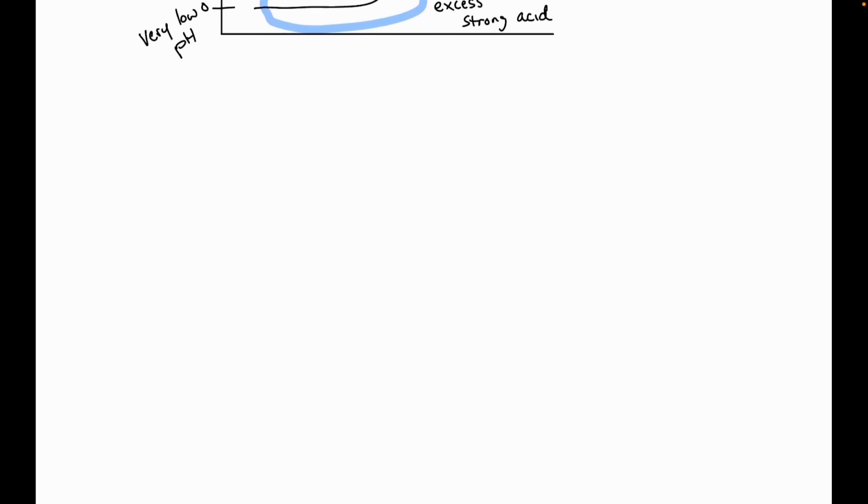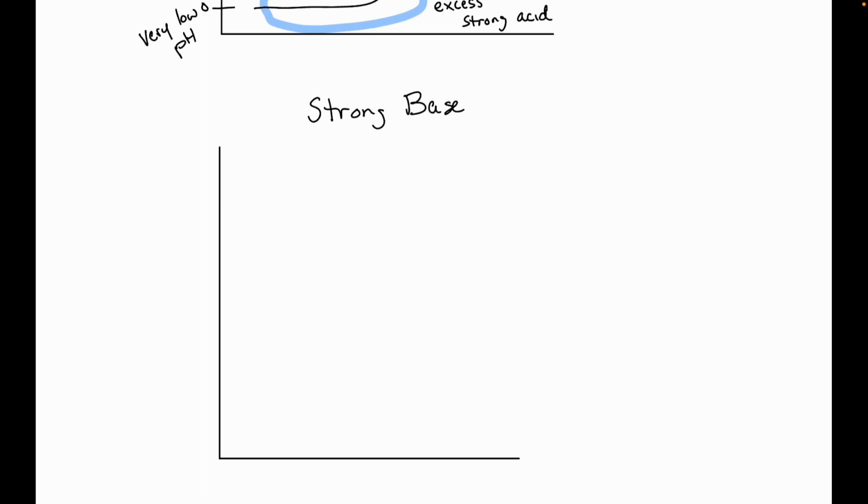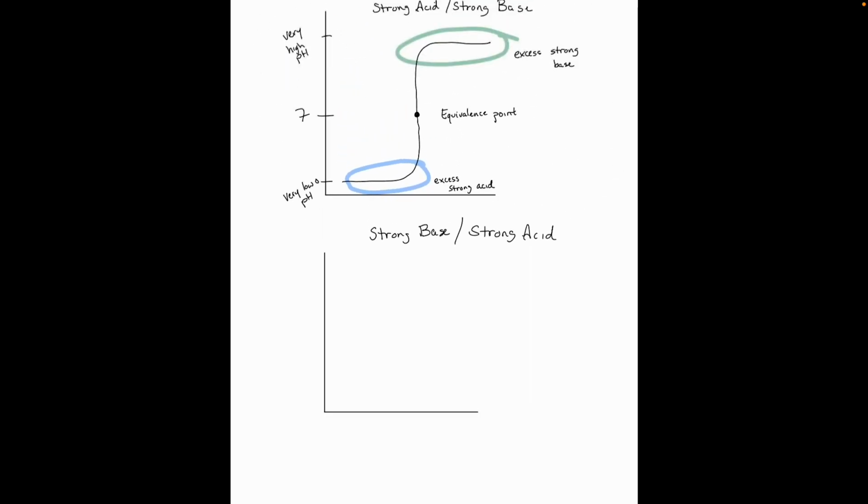Okay? Now, what if instead I started out with strong base and I titrated in a strong acid? How would we expect that curve to differ? It's going to be the opposite, right?